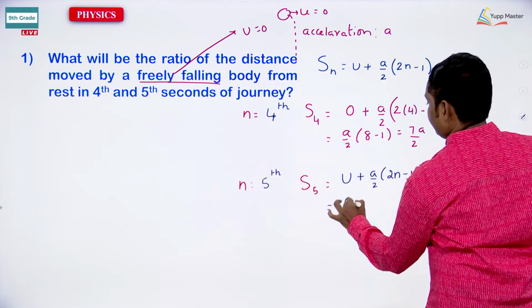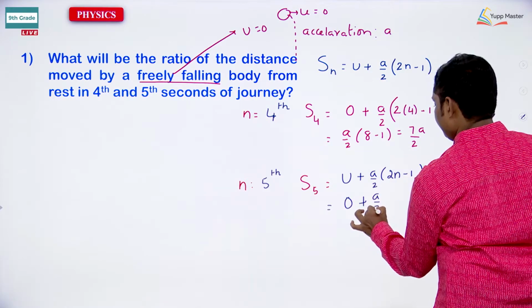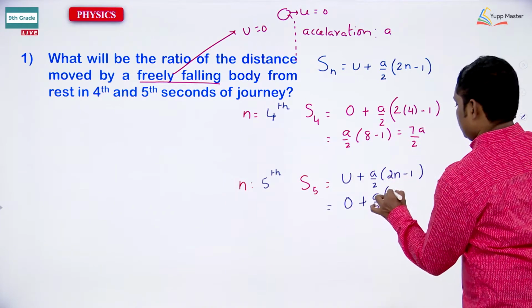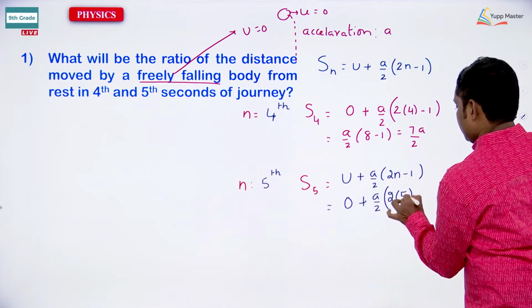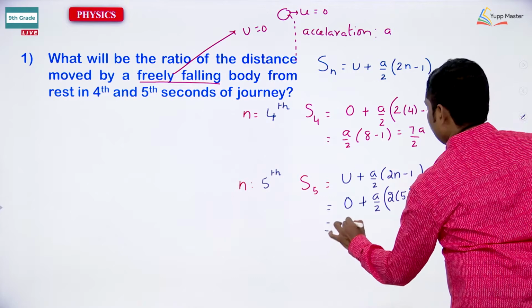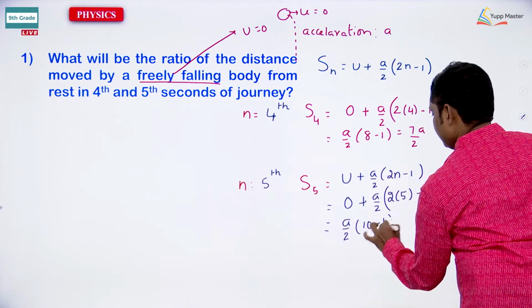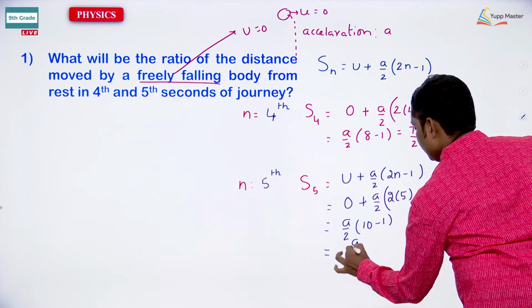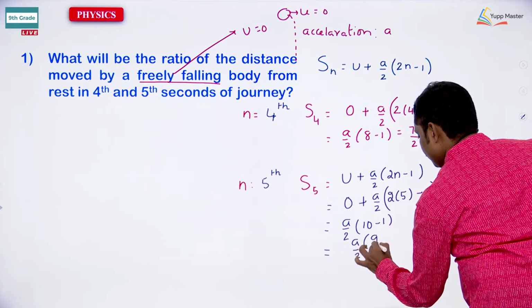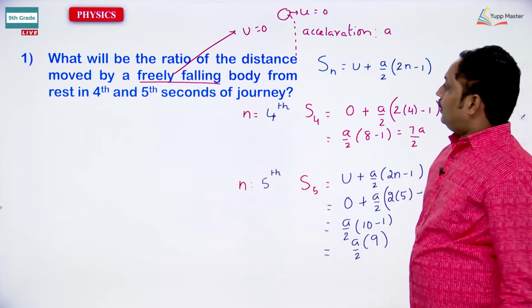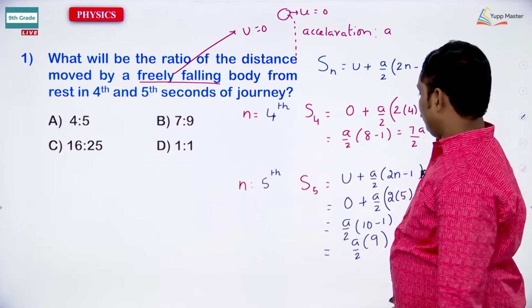So, you will get 0 plus a by 2, here you will substitute n is equal to 5, minus 1. So, you will take 10 minus 1, it is very clear, a by 2 into 9, right. Just you have to get this one.